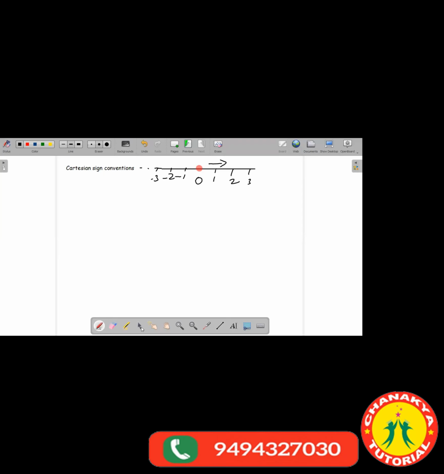The statement of the sign convention states that all measurements are made from the pole. This is the first point.